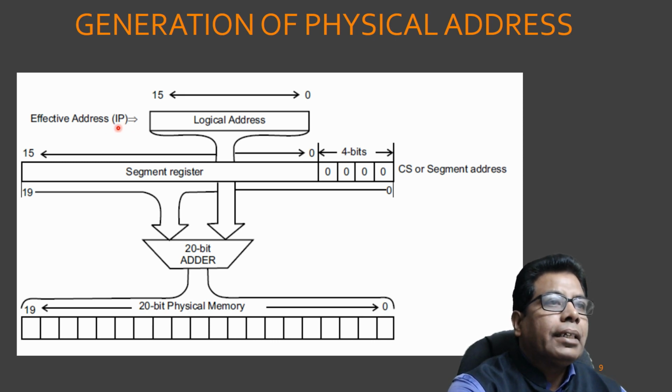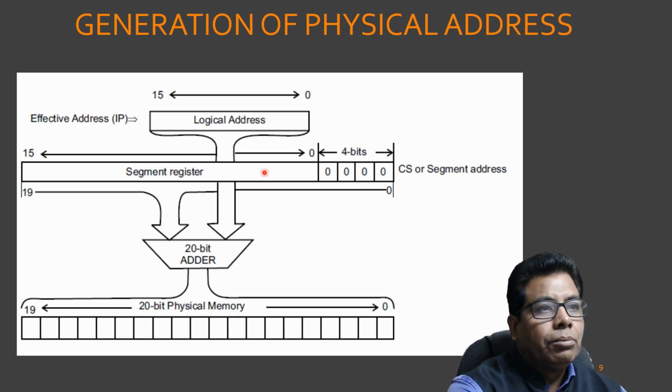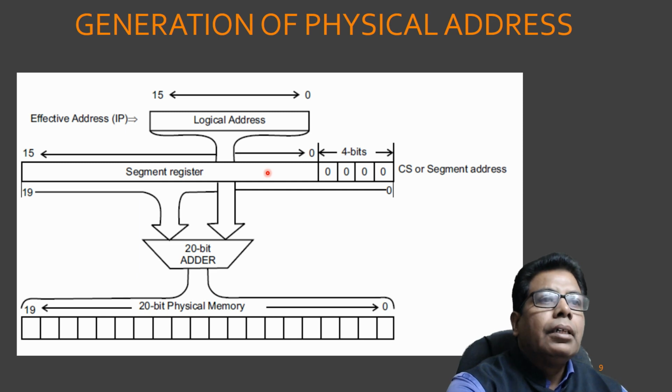So effective address or logical address is 16-bit. Then the segment register contents are 16-bit. These are appended with 4 bits at the lower side with zeros. So that will form the segment address, starting address of the segment.